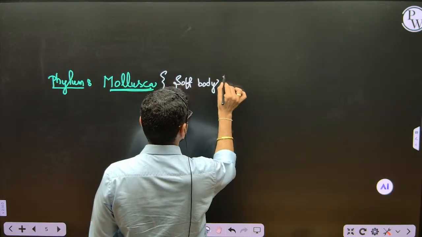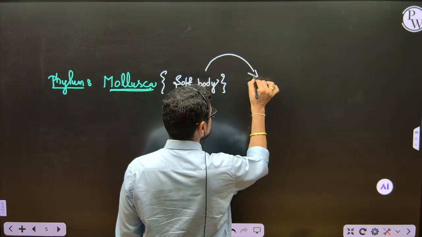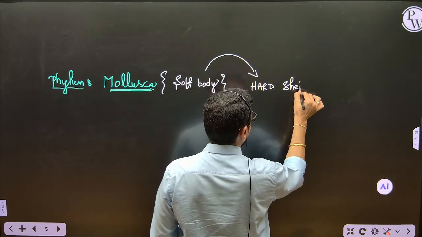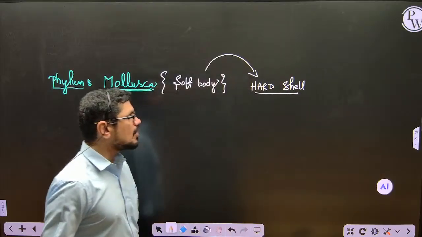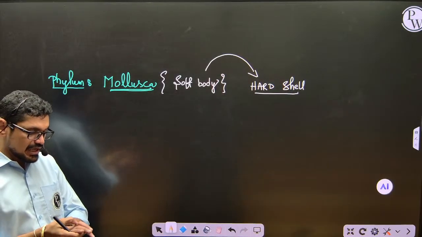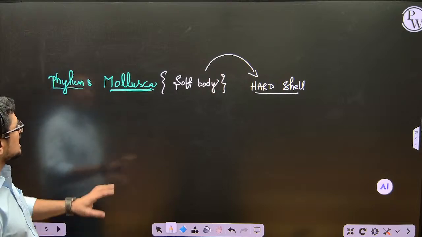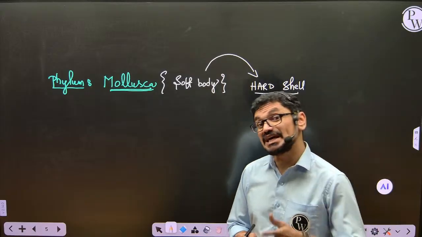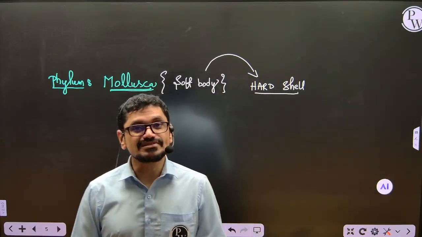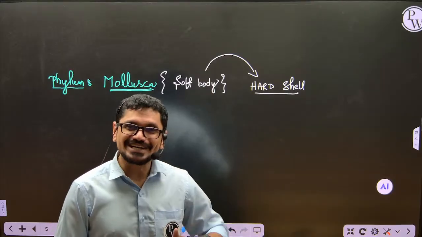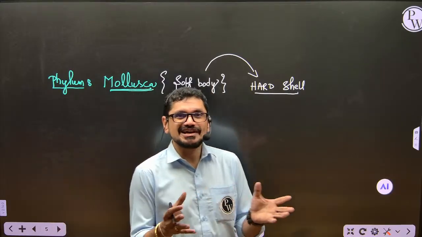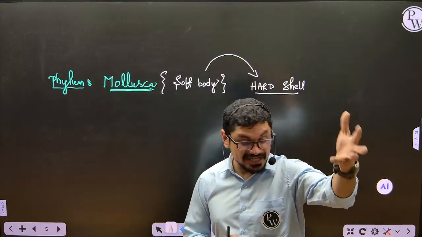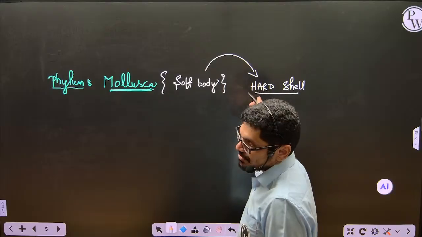Soft bodied animals, where the soft body is covered by a hard shell. You may ask a question: sir, why is the body soft and why is the hard shell there? As the body is soft, the shell is hard in order to protect the animal. If the body is soft, other animals will come and eat it. So to get protection from dangerous animals, the body is covered by a hard shell in these animals.